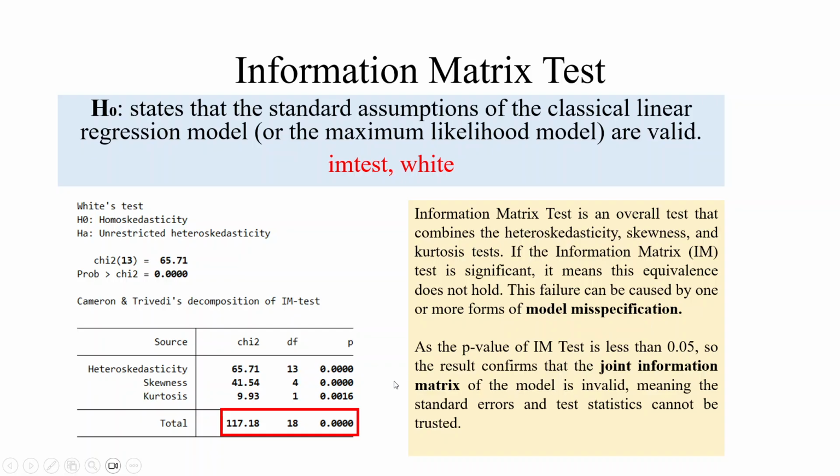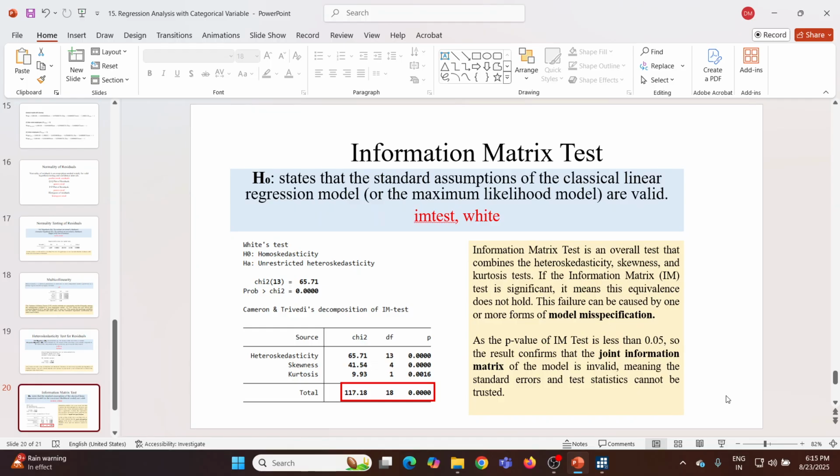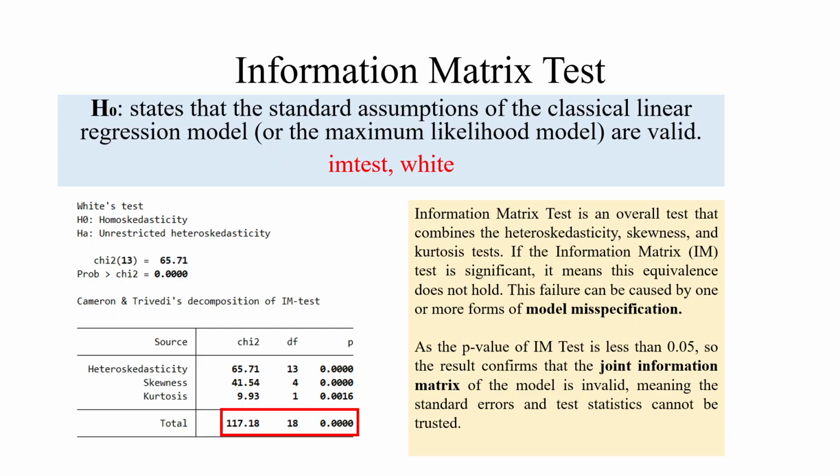So either the problem is because of heteroscedasticity, skewness, or kurtosis. As the p-value of the IM test is less than 0.05, the result confirms that the joint information matrix of the model is invalid, meaning the standard errors and test statistics cannot be trusted.